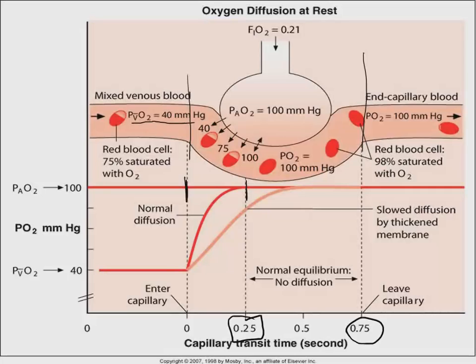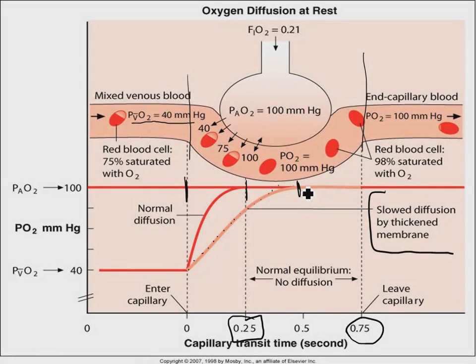Okay. Now let's talk about what happens when I have a diffusion defect, something which is impairing the ability of oxygen to get across the alveolar capillary membrane. In that case, if you'll notice the orange line there, slowed due to a thickened membrane or for whatever reason, now the time it takes to get across the alveolar capillary membrane is a little bit longer.